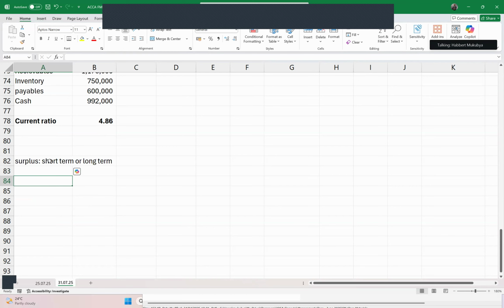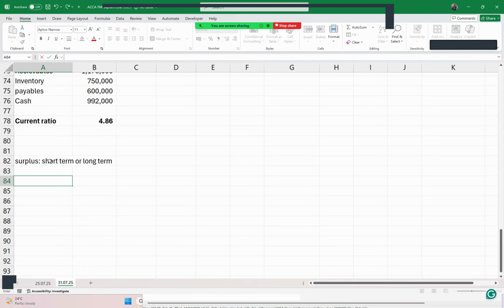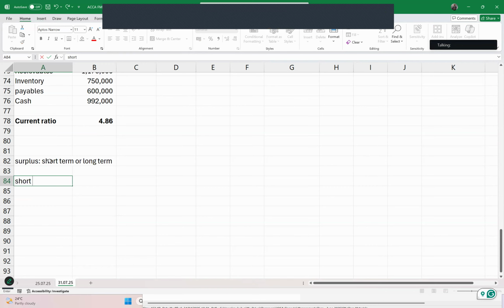Now, you always invest the same way. For short-term, basically you can invest in bills, okay, treasury bills, basically short-term things.